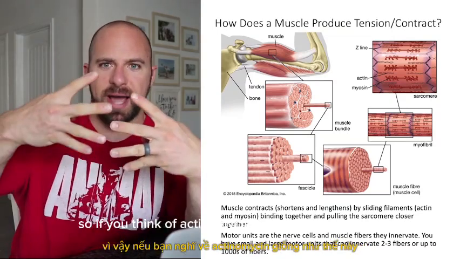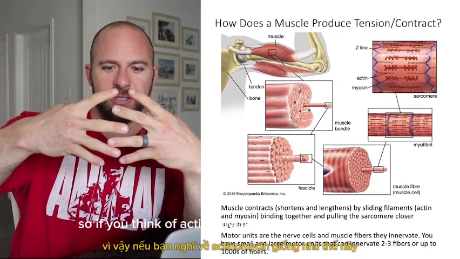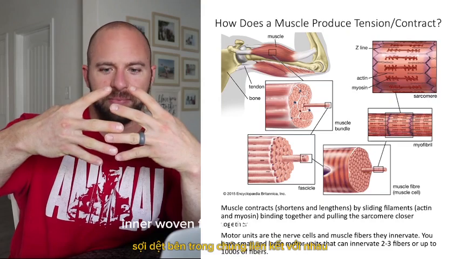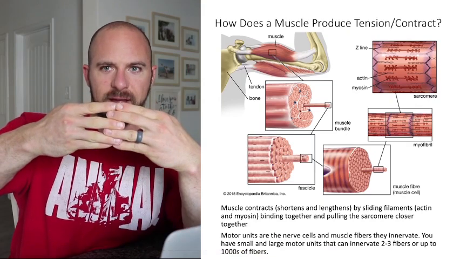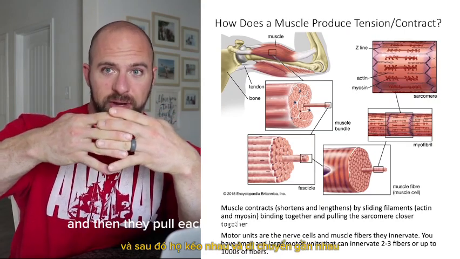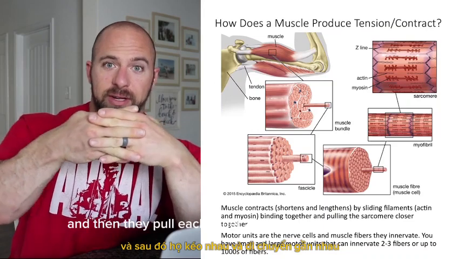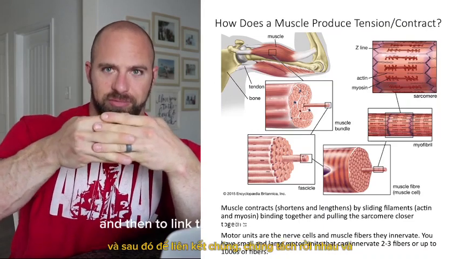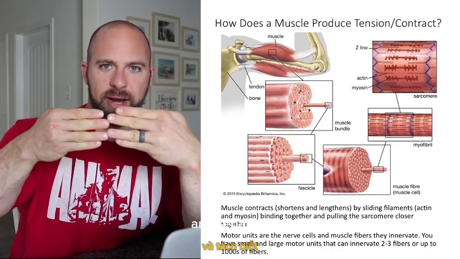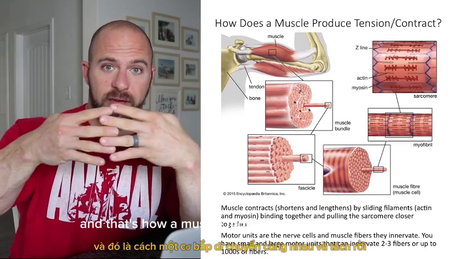If you think of actin and myosin being like an interwoven fiber, they bind together and pull each other closer, and then to lengthen, they ratchet apart and separate, and that's how a muscle moves together and apart.